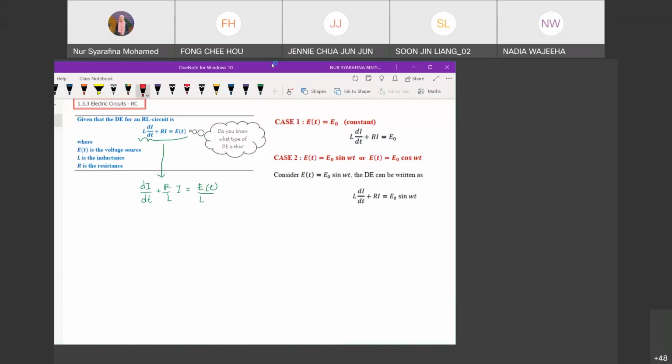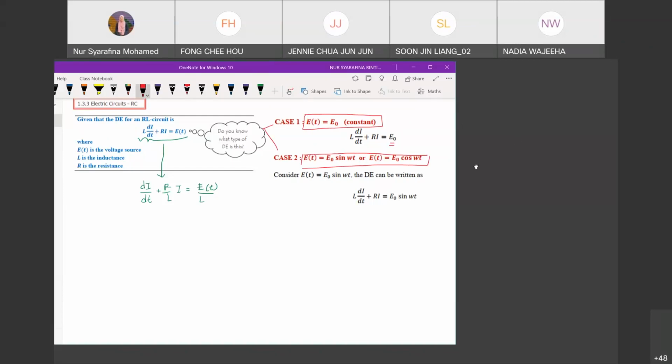Okay, next, let's take a look at this. For this application, we are going to consider two cases. The first one is where the voltage source here is a constant, just a value, E naught. And the second case is where the voltage source is a function, sine omega t or cos omega t.